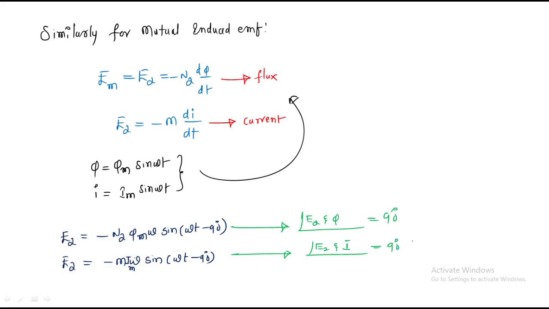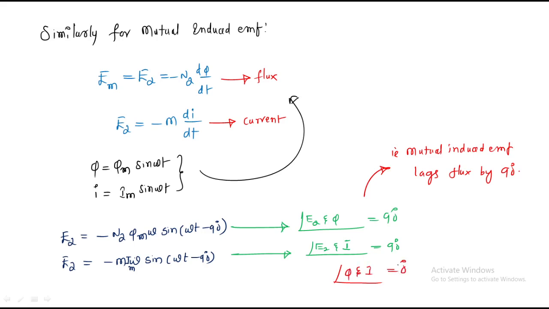Same like self-induced EMF, mutual induced EMF lags flux by 90 degrees, right? Like that, the angle between flux and current is always 0 degrees. Clear? Similarly for E1 and E2.